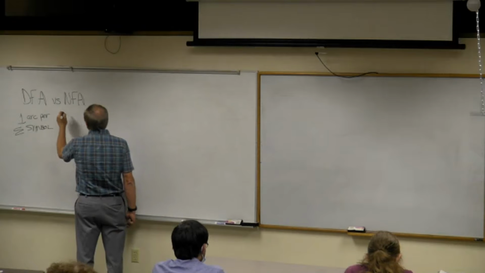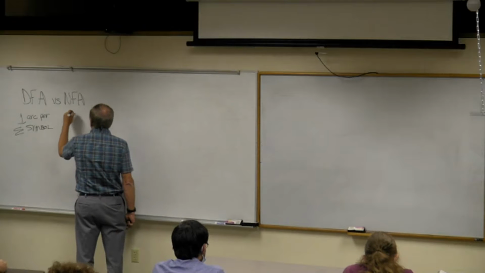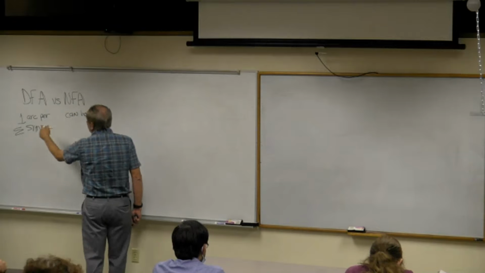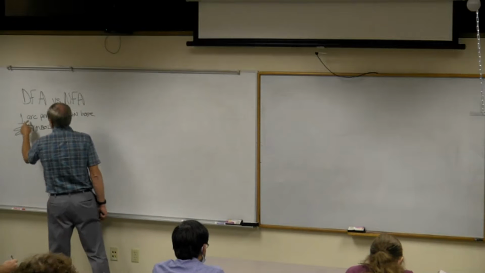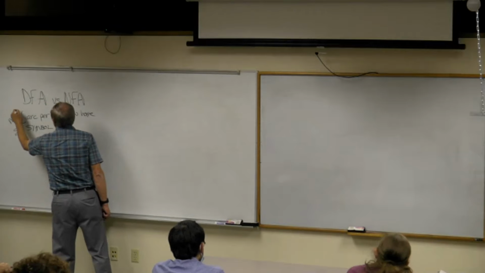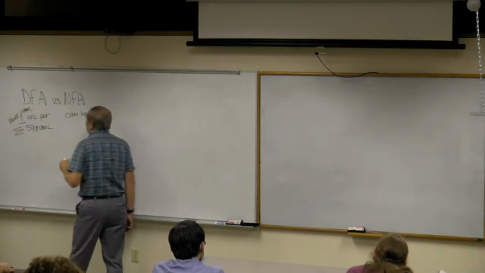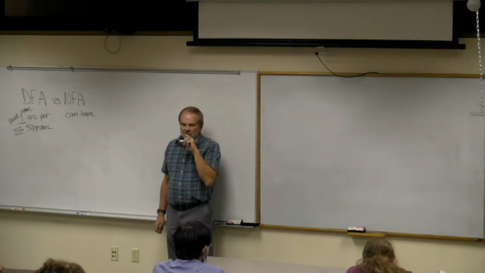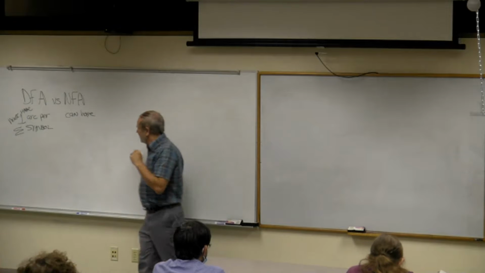And an NFA can have... our DFA must have one arc per symbol. You can't skip, and you can't have more than one. So it has to be exactly one.